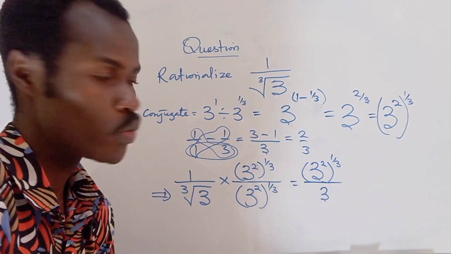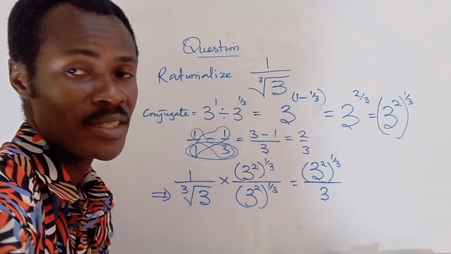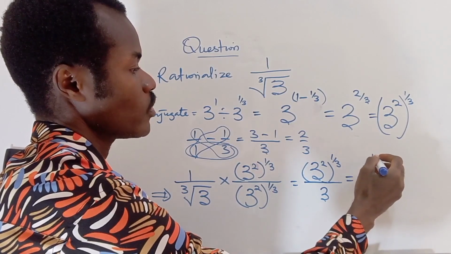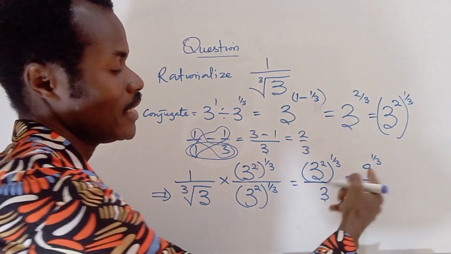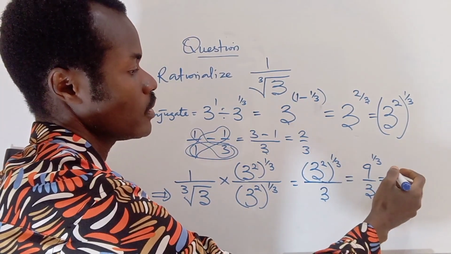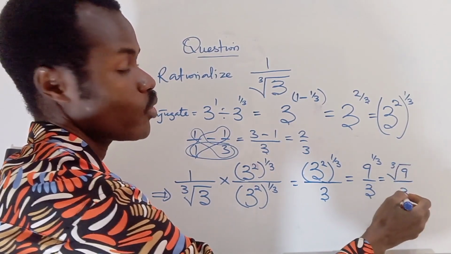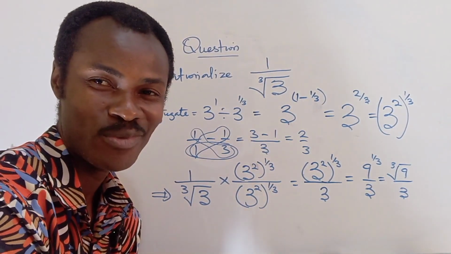With this, we can now have 3 squared, which is 9. So we have 9 raised to the power of 1 third divided by 3. And this we can further write as the cube root of 9 divided by 3. So that gives us our answer to this simple problem.